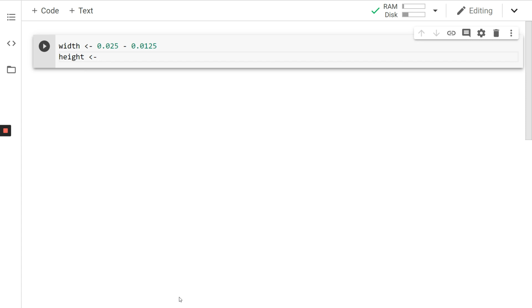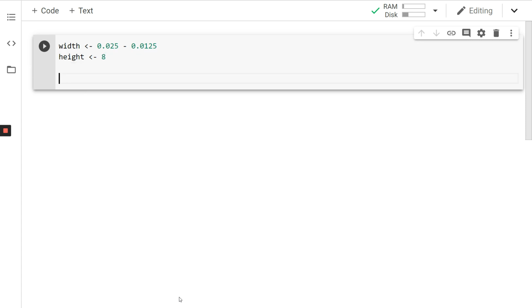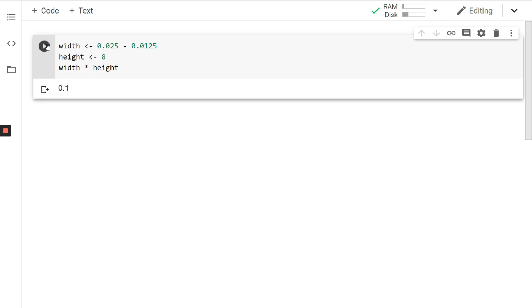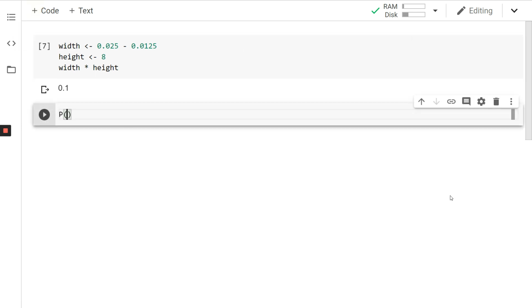And the height is 8. And all I want to do is calculate width times height. So if I run that, I get 0.1, which means that the probability that x is between 0.0125 and 0.025 is 0.1.